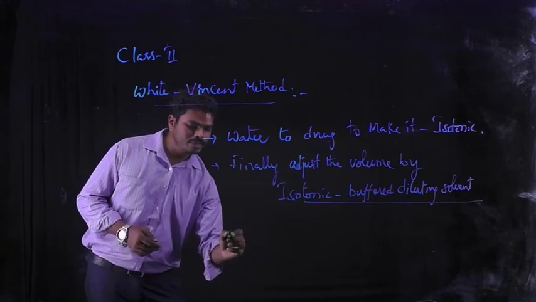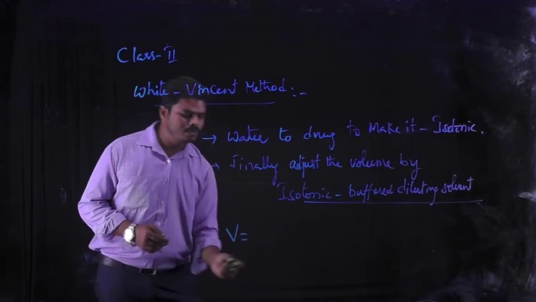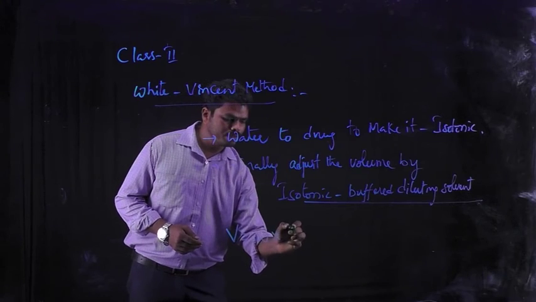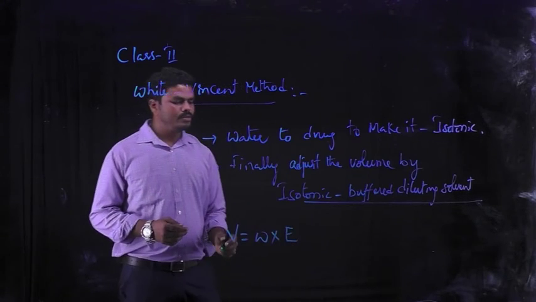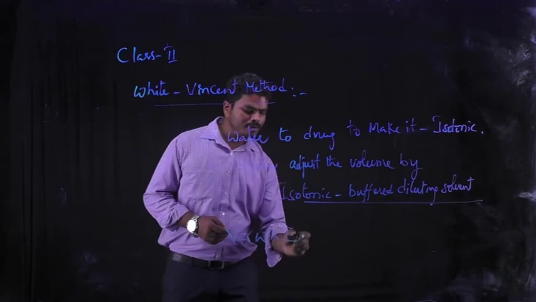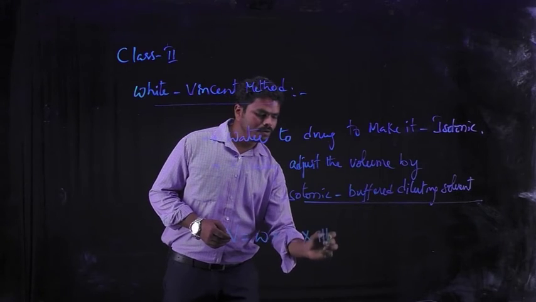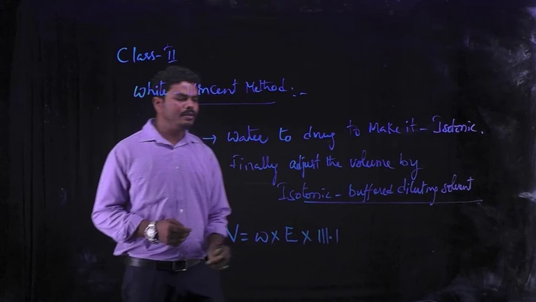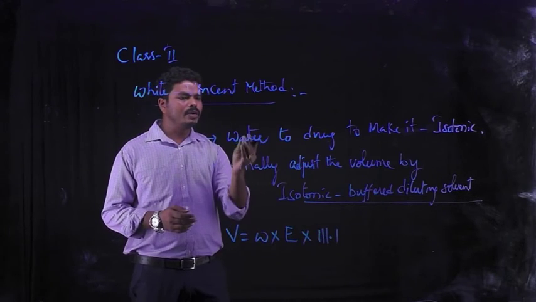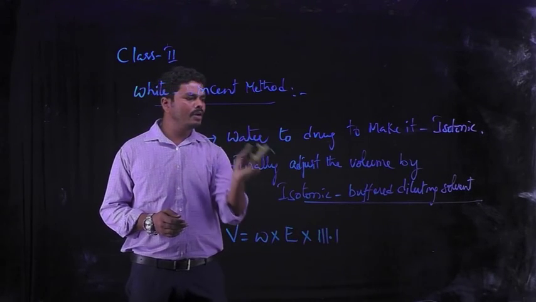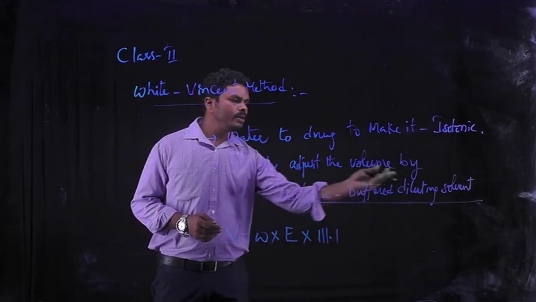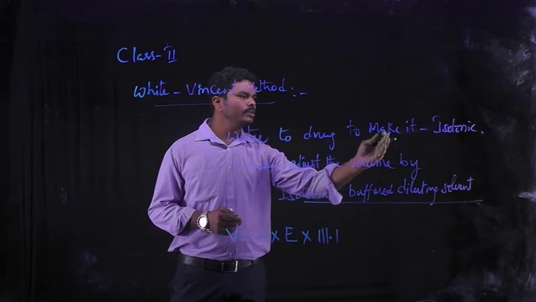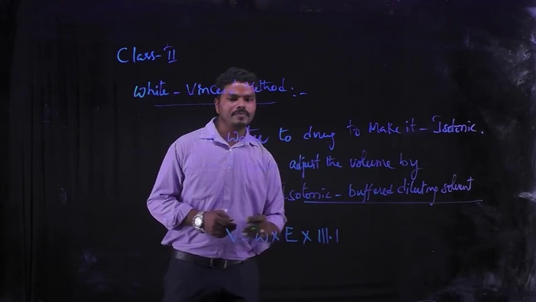So the formula is capital V is equal to weight of the water into sodium chloride equivalent factor into 111.1. This is the formula for calculating how much isotonic buffered diluting solvent is required to mix with the drug solution to make it isotonic.